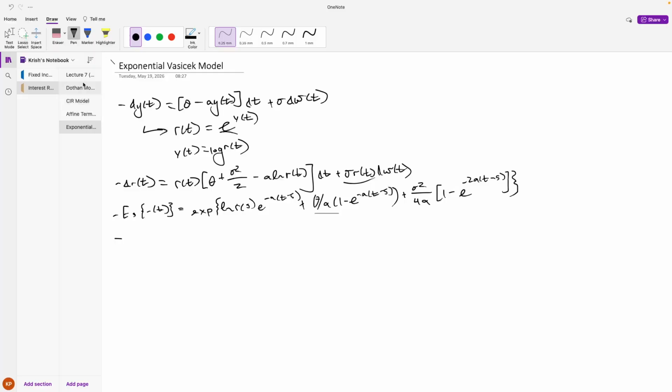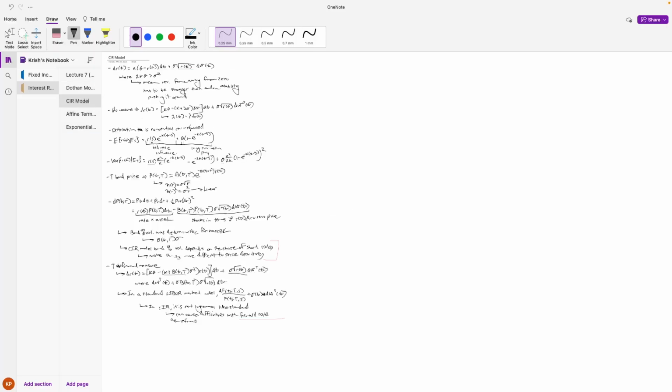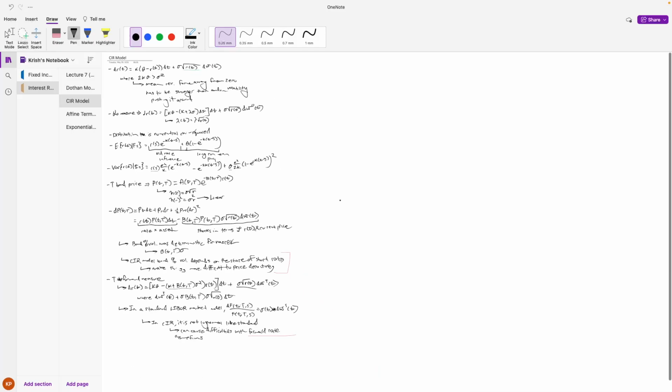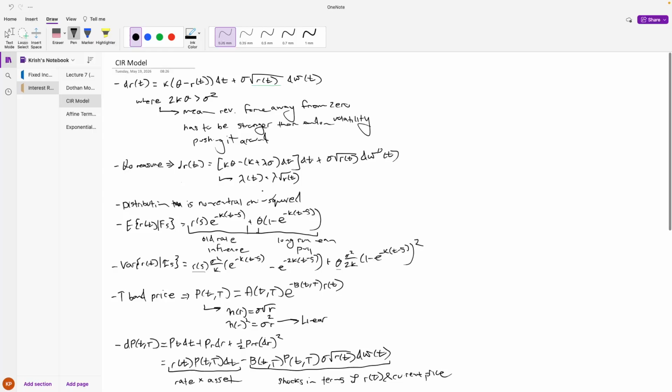So overall, based off this entire lecture, the CIR model gets the closest to a strong model. It preserves positive rates. It preserves tractability as affine. It has noncentral chi-squared, which is a bit better than lognormal in the sense that there are not going to be explosions in the bank account.